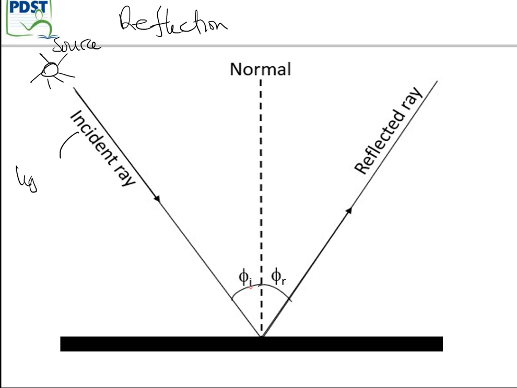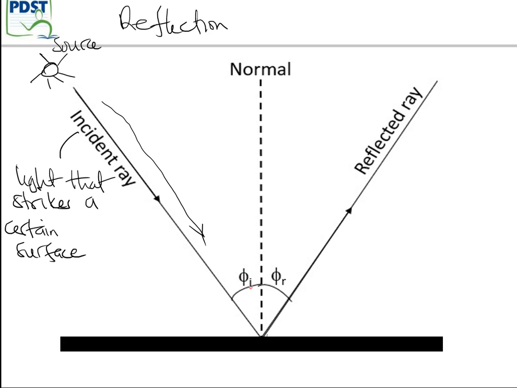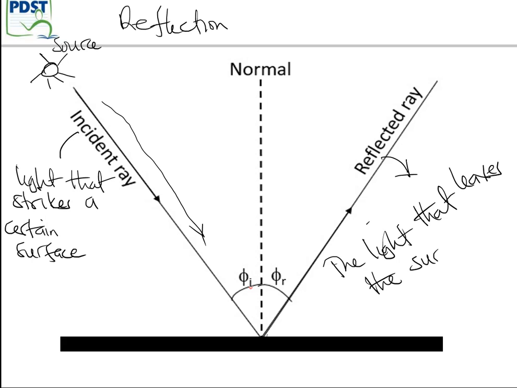You can see here, this light is moving downward to strike this surface down here. So that is the incident ray. Then the reflected ray is the light that leaves the surface. You can see that the incident ray will bounce to become a reflected ray. So that's what is called reflection of light.